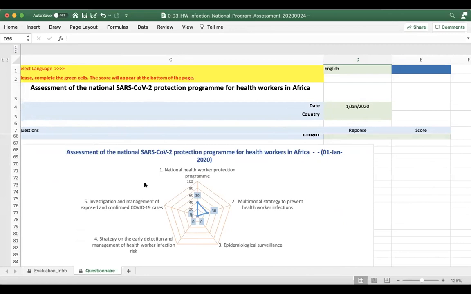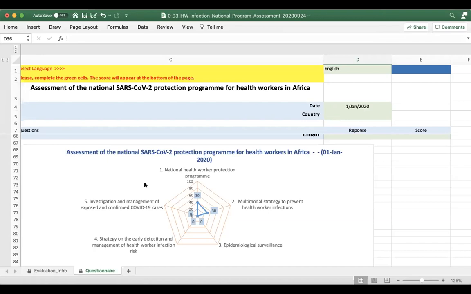You can see the pentagon here, each point on the pentagon captures one of the 5 domains. Based on the scores and the responses you provided to this tool, each domain has been given a raw score. This visualization allows you to quickly look at the 5 domains and to see where there are some IPC gaps that may need to be assessed and improved upon to further ensure health worker safety and protection.